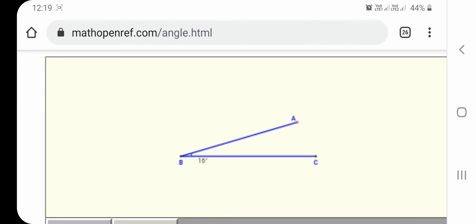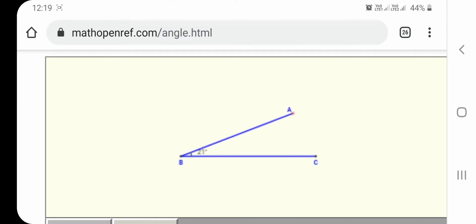If I drag one ray, it becomes an acute angle, as shown in the picture. The angle formed in the figure is called an acute angle. It is more than 0 degree and less than 90 degree.